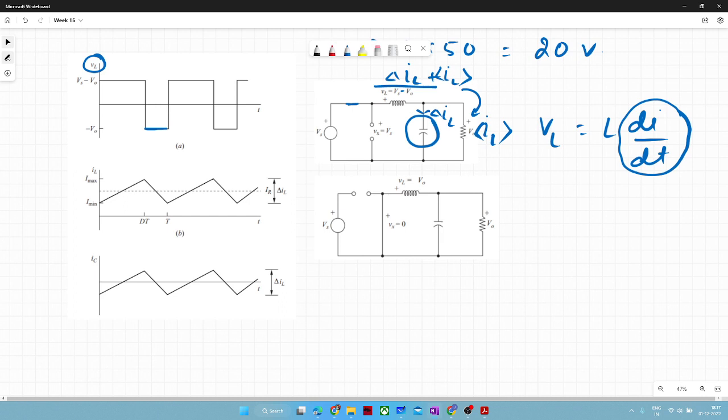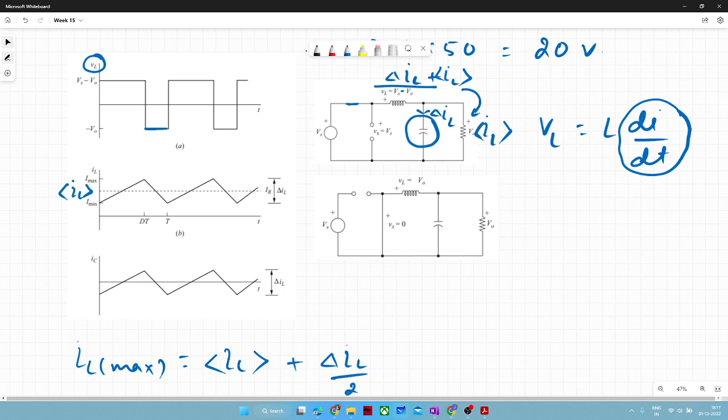Now we need to calculate the maximum and minimum value of inductor current. So this is nothing but the IL average. IL max, since this is del IL, will be IL average plus del IL by 2.